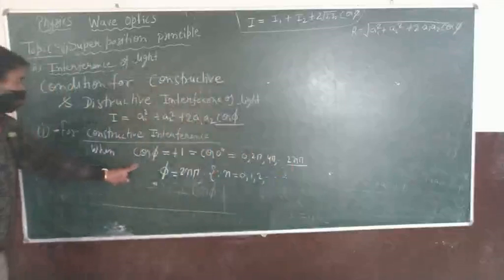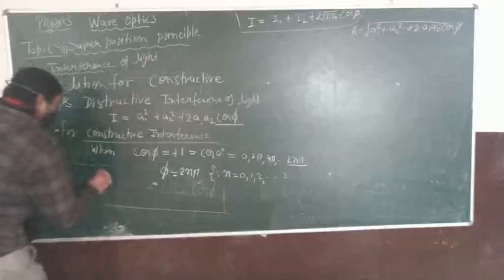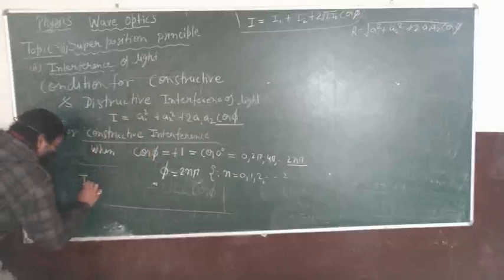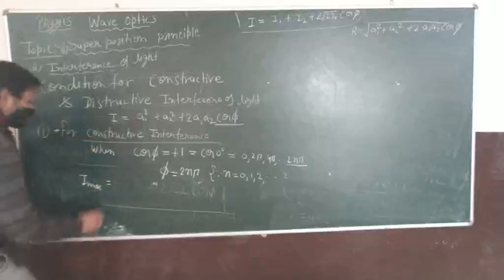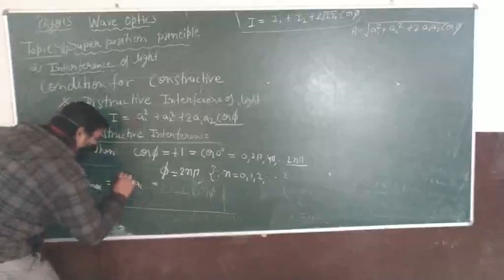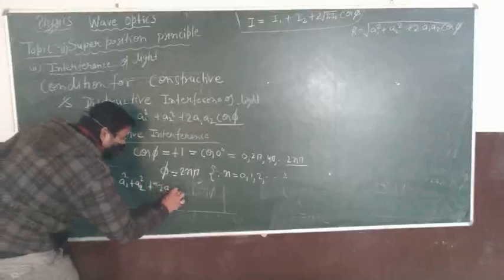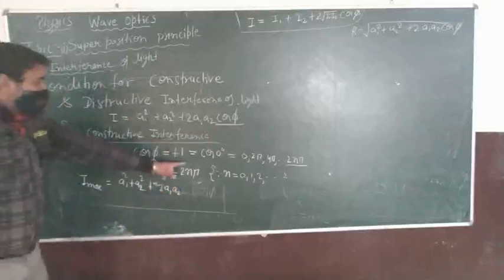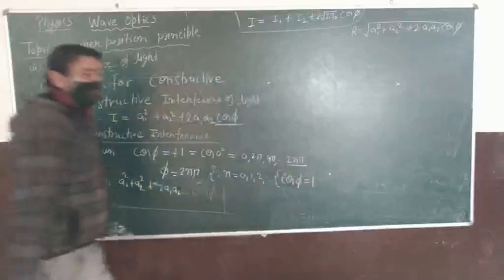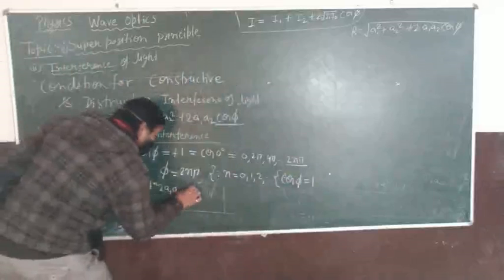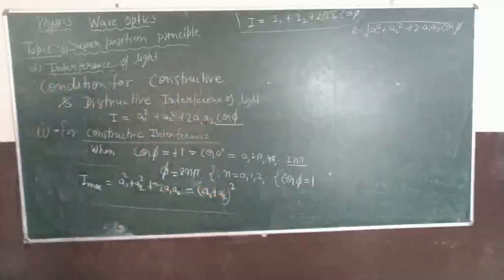When the two waves are superimposed constructively, we get the value of I maximum, which is equal to A1 square plus A2 square plus 2 A1 A2, because cos phi becomes positive one. Then this is the formula of A1 plus A2 whole square. Clear?